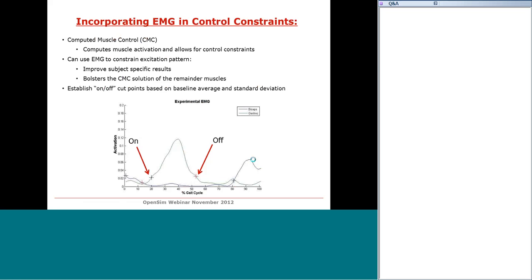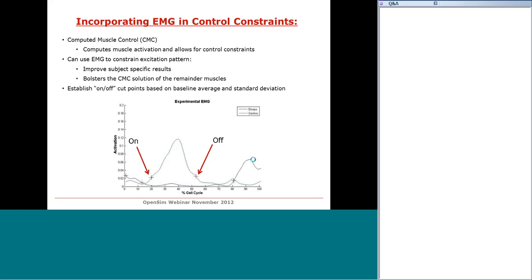The important thing about CMC is that you can utilize collected EMG data to constrain the excitation of important muscles during a movement. This will better ensure that the simulation is representative of the movement in question. By constraining a few important muscles, the CMC optimizer will yield an improved solution of the remaining unconstrained muscles.